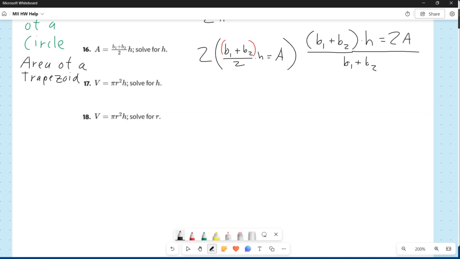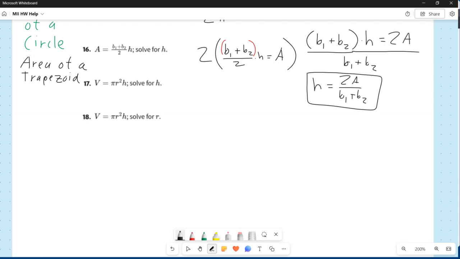When I do that, everything on the left is going to cancel except my h. So h equals 2a over b1 plus b2, which, if you'll remember, is one of the two forms of our acceptable answer. And if you want to, you could pull out the a and get the first form.